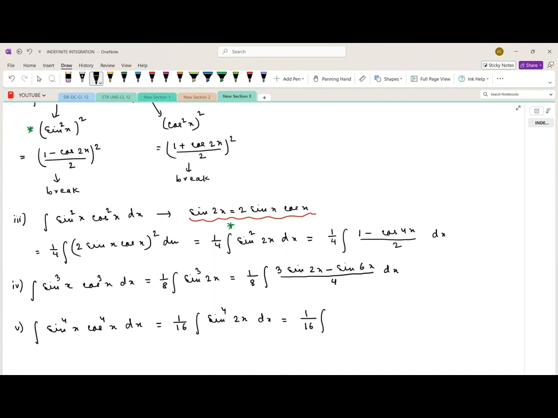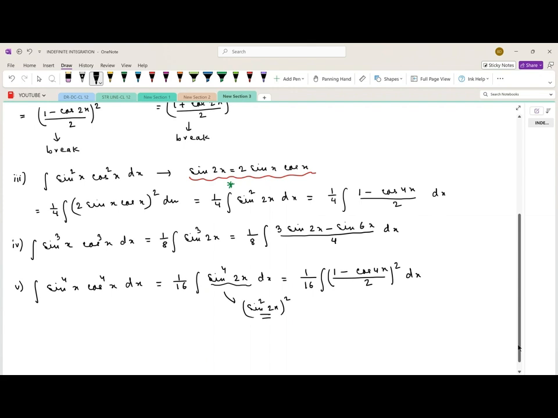So this one becomes (1 minus cos 4x by 2) whole square dx. Basically you write it as sin square 2x whole square, and then you replace sin square 2x by the above multiple angle formula.